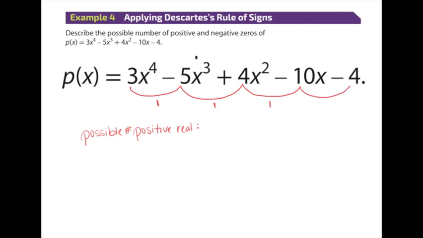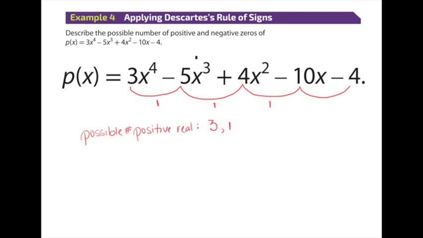So the total possible real is 3, or I go down by 2, 3 or 1. I can either have 3 positive or 1 positive, all right? I cannot have 2 positive, 3 or 1. It goes down by 2s. So 3 or 1 possible positives, all right?